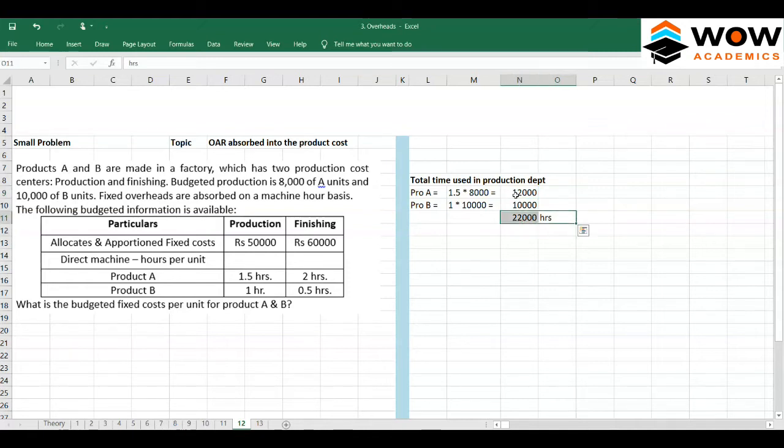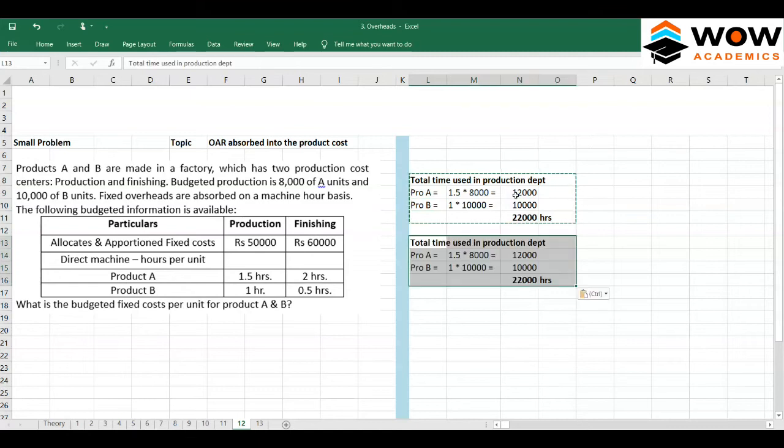In the same way, we'll find out the time it takes in the finishing department. In the finishing department, product A takes 2 hours and product B takes 0.5 hours.